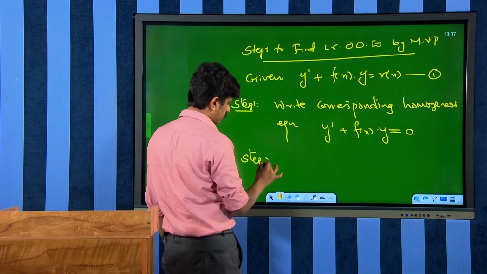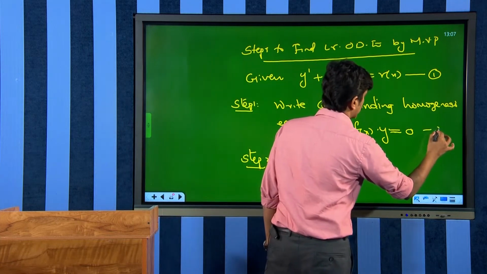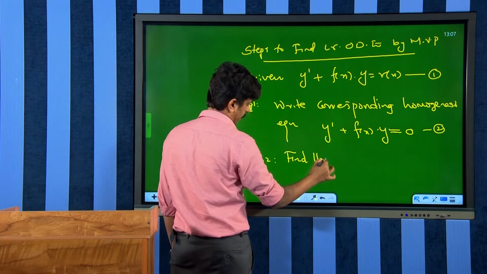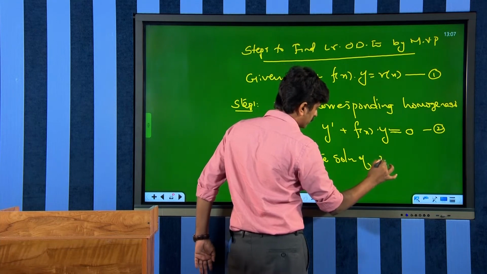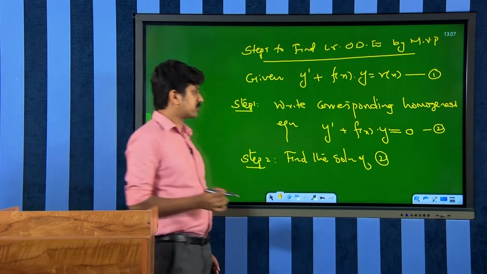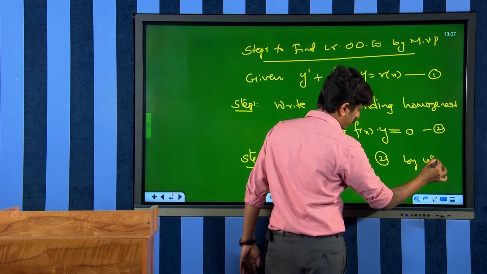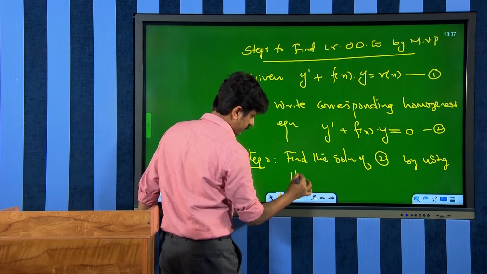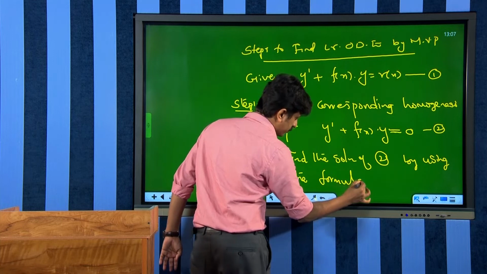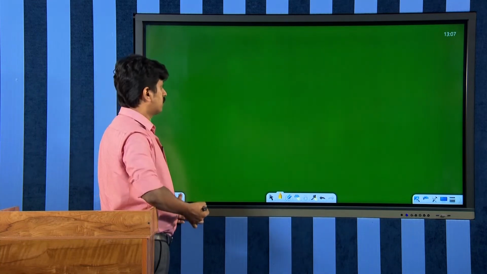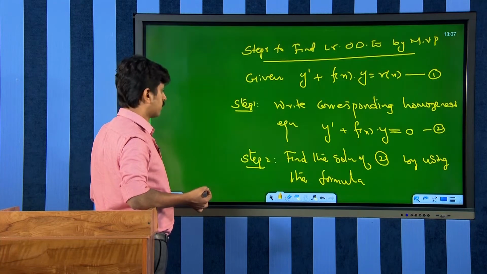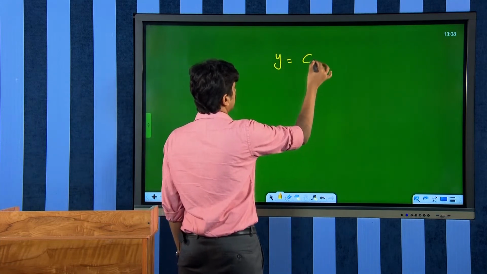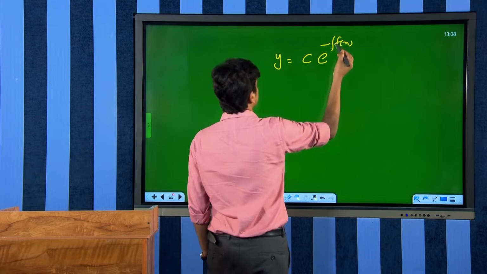Okay. So, in step 2 we find the solution of equation number 2, that is the homogeneous part, by using the formula y is equal to c e raised to minus integral f of x dx.